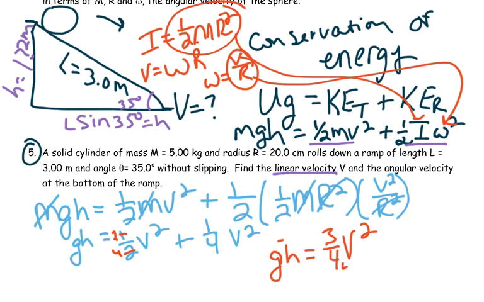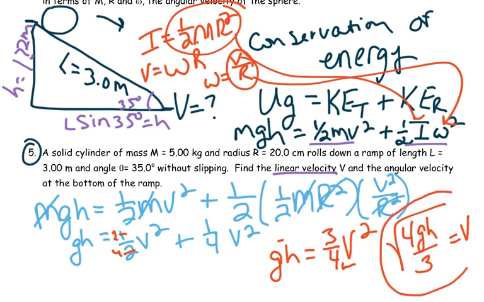All right, then getting velocity by itself, multiply both sides by the reciprocal. That's equal to v squared. Take the square root. There's your velocity at the end, for the linear, that's the one they give in the answer key. And then to get the angular, you're just going to take that linear velocity and divide it by the radius, which is not in the answer key, but I think you all can figure that out.